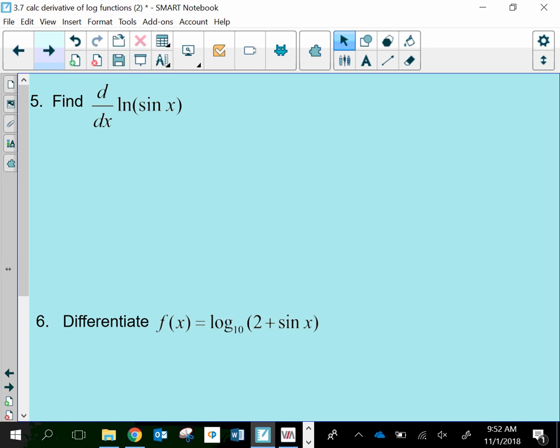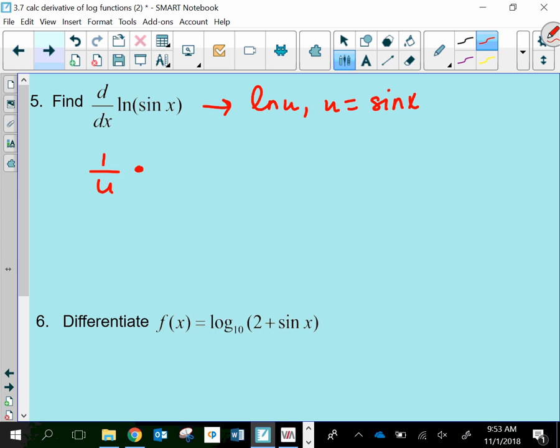ln would be ln of u, where u equals... All right. Good job. All right, Lizzie, what's the derivative of ln of u? Okay, and Maggie, what's the derivative of sine of x?